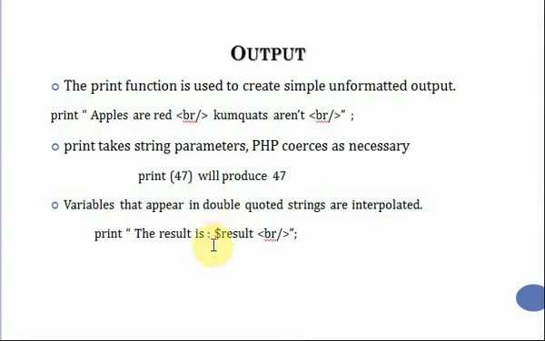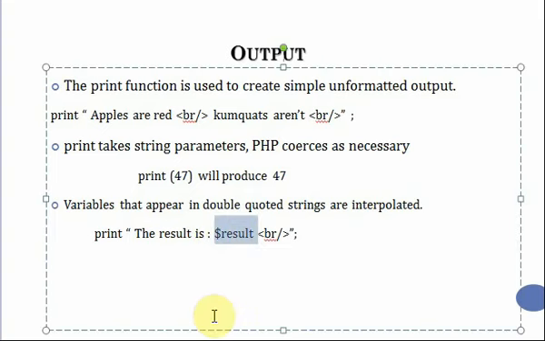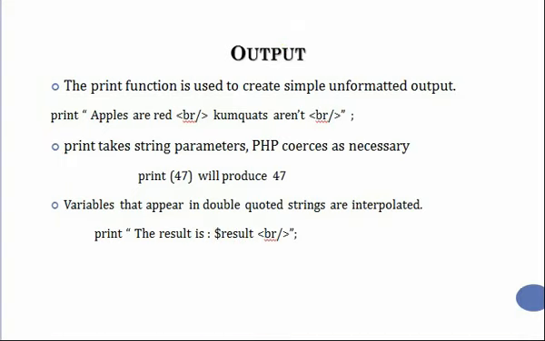And the third point, whenever you're writing inside the double quote, it is interpolated, that is whatever value will be there, that will be displayed. But if you're writing in single quotes, then, as we said in our regular classes, in case escape sequences are written inside single quotes, the corresponding action won't be done. But if written inside double quotes, the corresponding action will be done. So this is about your output.